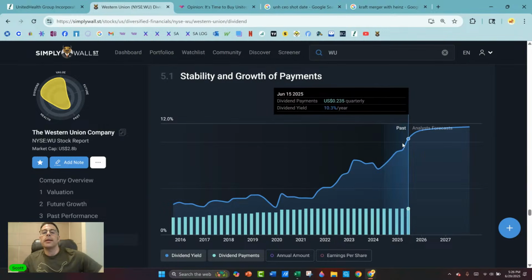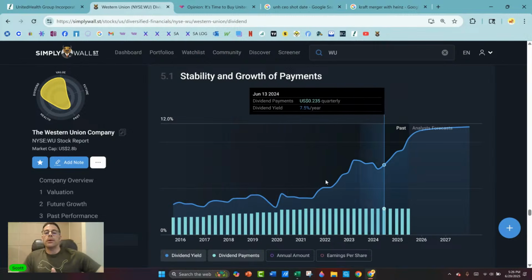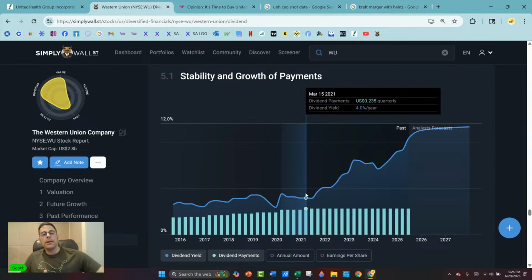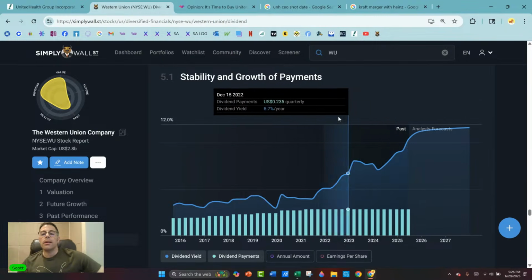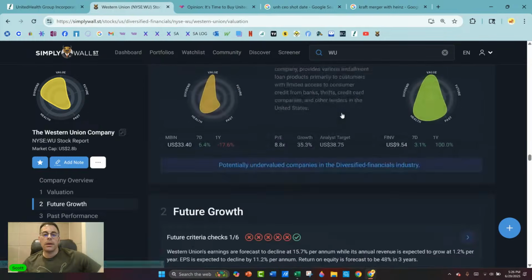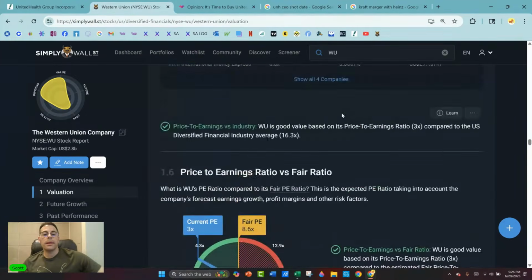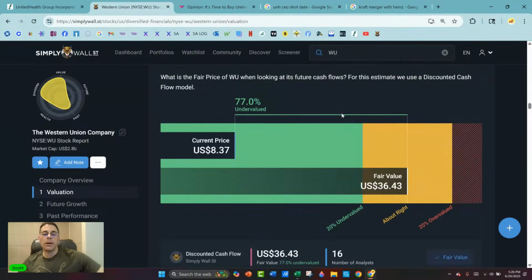Now it's up to 10%. It's not that they've been raising their dividend. That's not why the yield's going up, it's because the stock price is going down. If you ever see a yield like this, 99% of the time it's because the stock price plummeted. So they will probably have to cut their dividend, unless, of course, the stock price goes up.